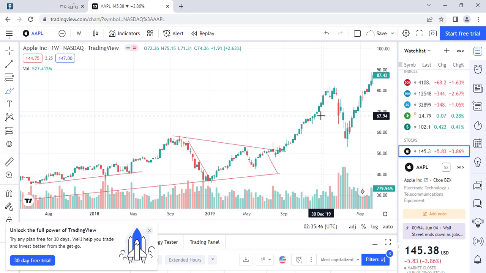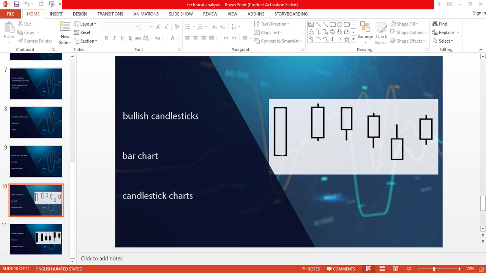These are the information that candles give to us.